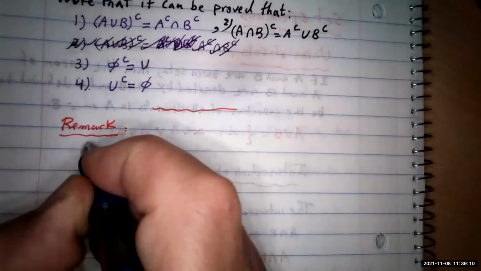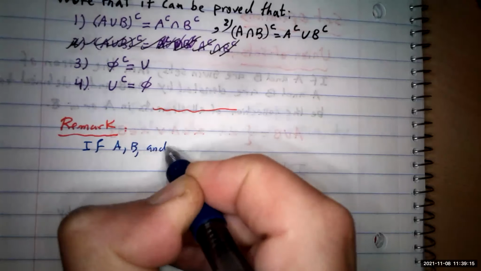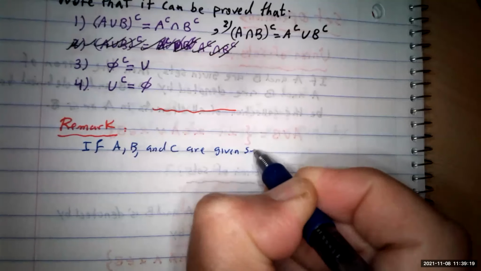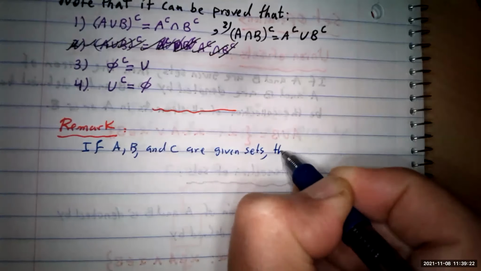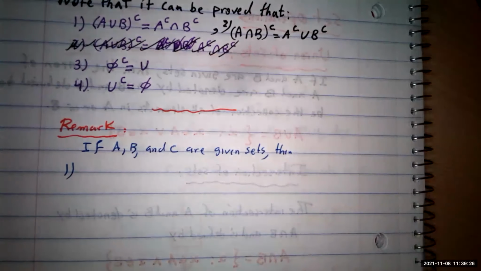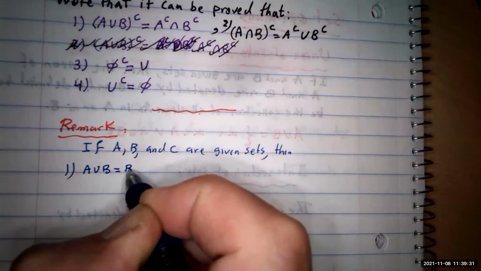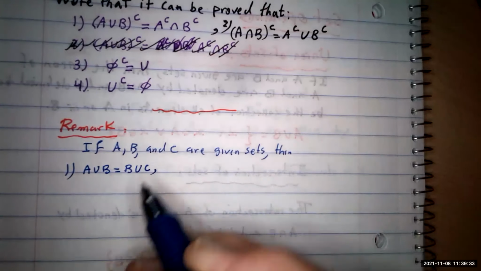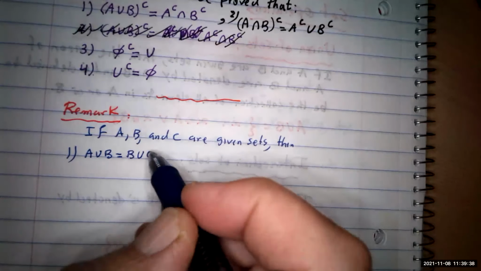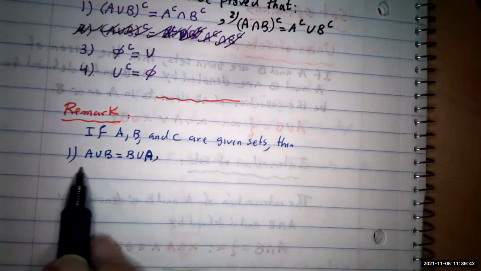Say that if A, B, and C are going to be our given sets, then just to remind you, for example, the commutative property: A union B is equal to B union A. Okay, we just switch.